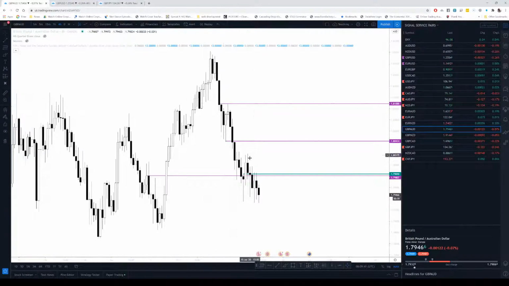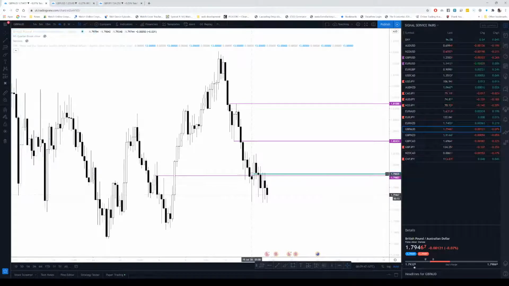We are creating short-term lows in between this range, so we're gonna wait for momentum to come in and break this low, and then once this low is broken, we can take a retest on the lower time frame for a continuation to the upside.